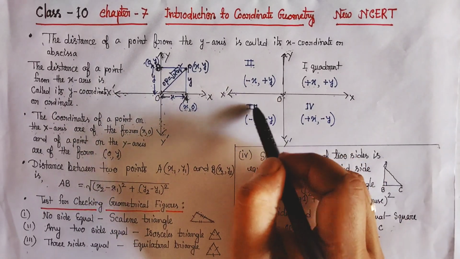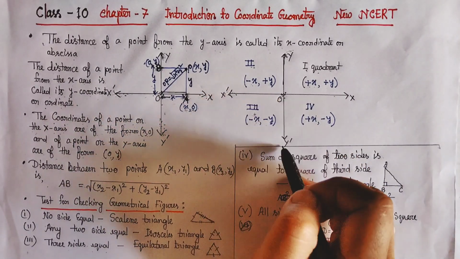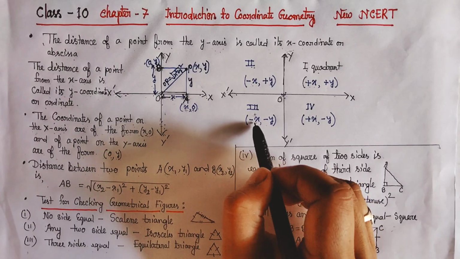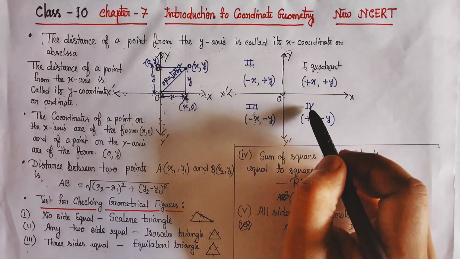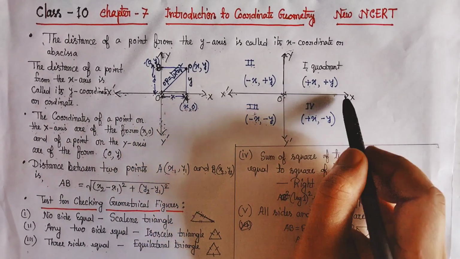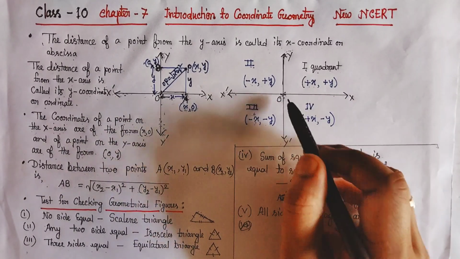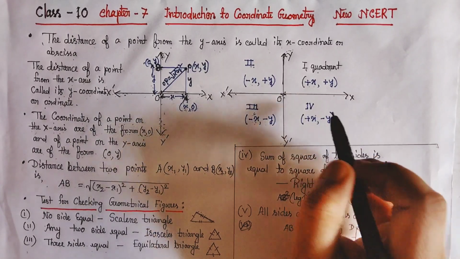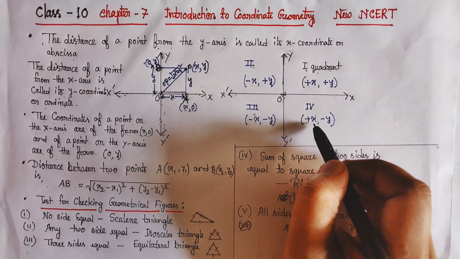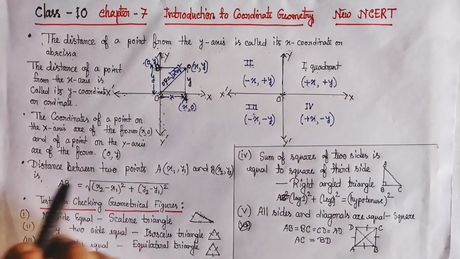Again in the third quadrant, both axes negative, so here (-x, -y). Next, the fourth quadrant, positive x-axis and negative y-axis, so its coordinates will be (+x, -y).